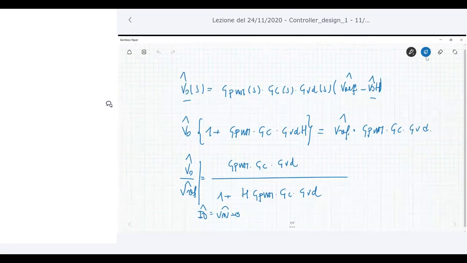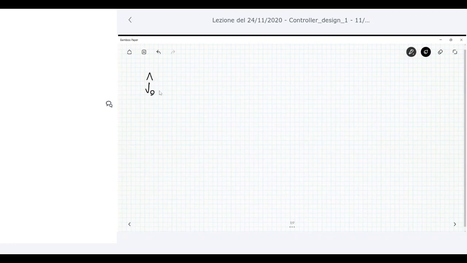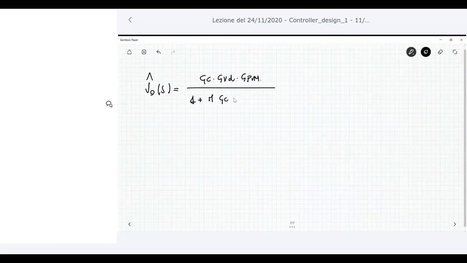Let me show you this quantity again. Vo(s) is GC GVD GPWM over 1 plus H GC GVD GPWM, multiplied by Vref, and then you can get the other quantities.